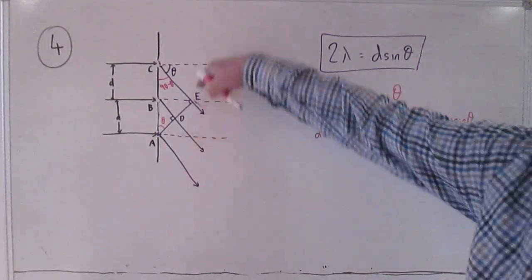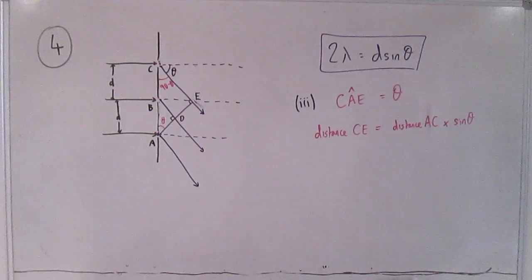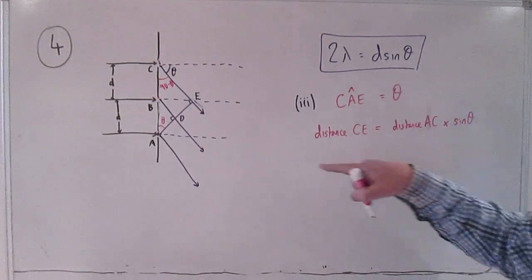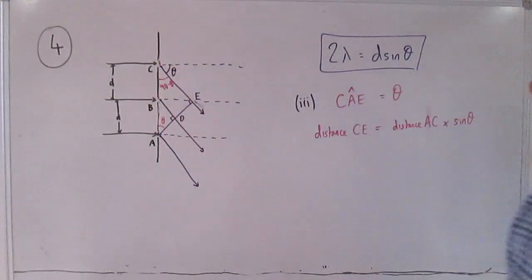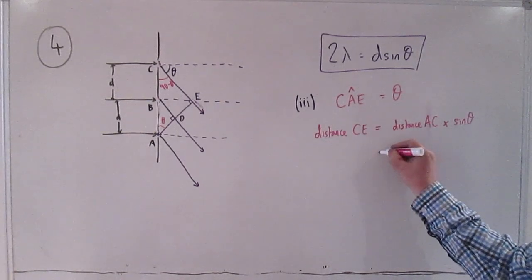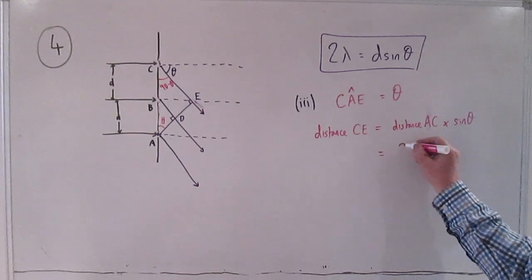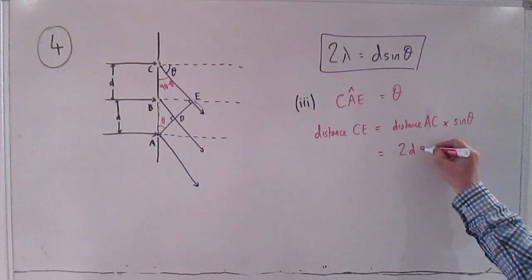Okay, so that's just normal use of a sine function. But of course distance AC, you can see, is equal to 2D. Okay, so distance CE is equal to 2D times sine theta.